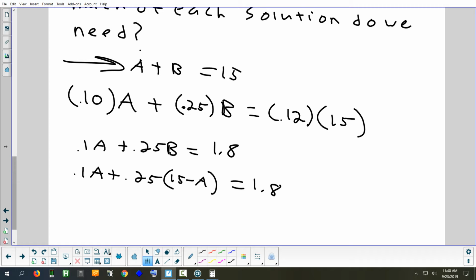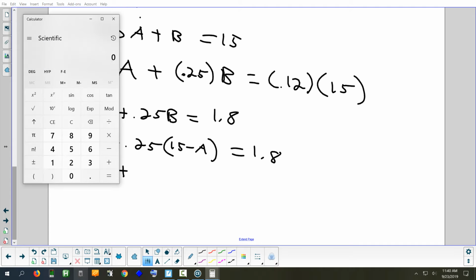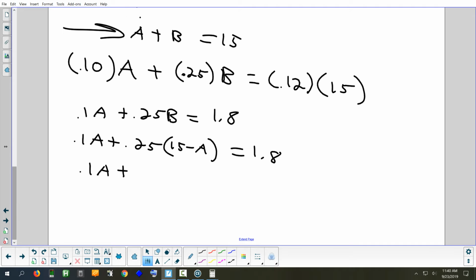You put X in one, 20,000 minus X was the other. But now you've got an equation with all A's. We'll just distribute, combine like terms, and see what we do. All right, so 0.1A plus 0.25 times 15. Let's see, that's just a quarter of 15, so divide by 4. 3.75.